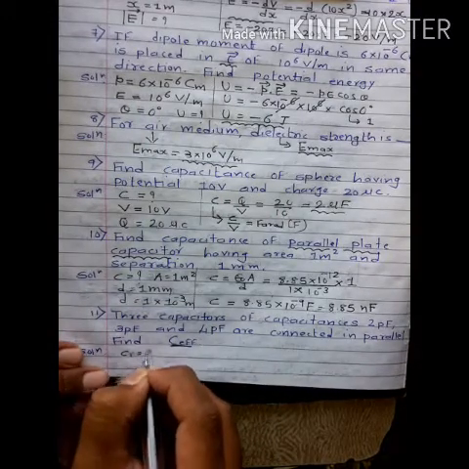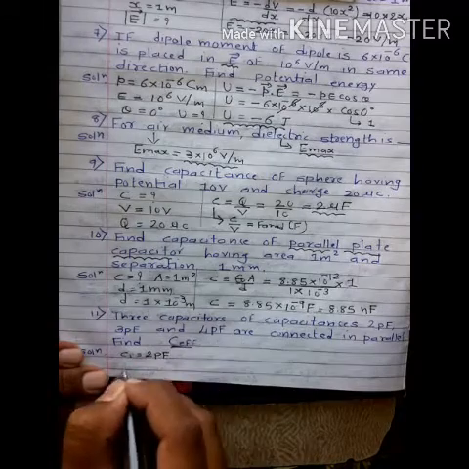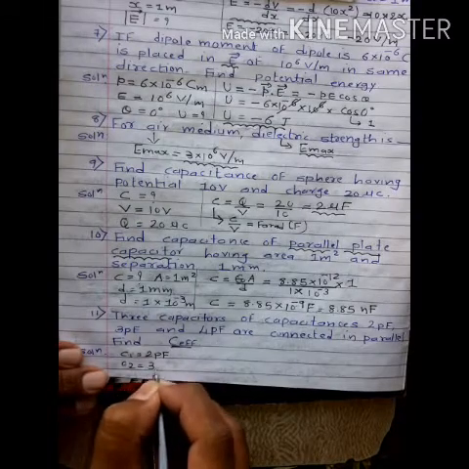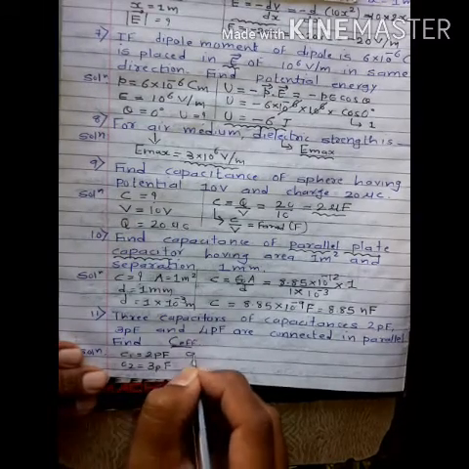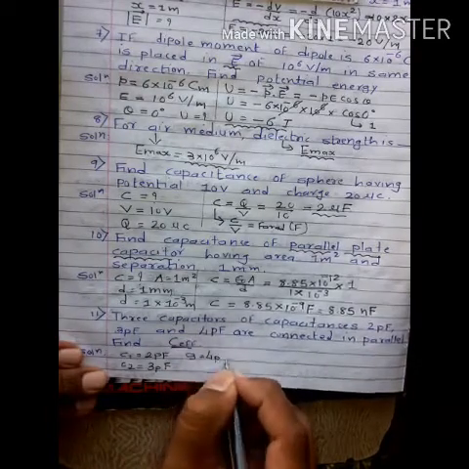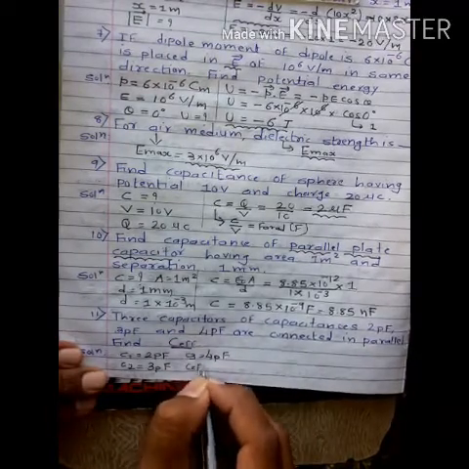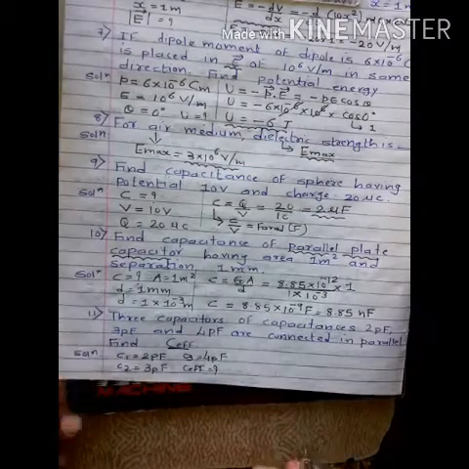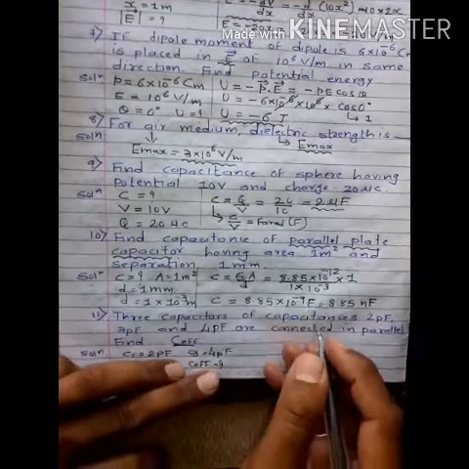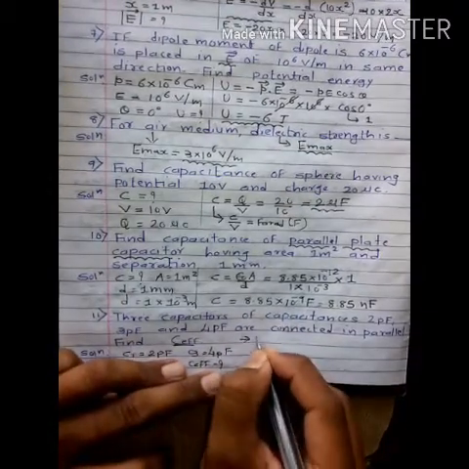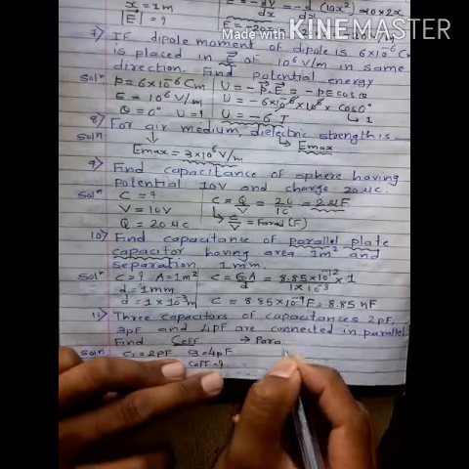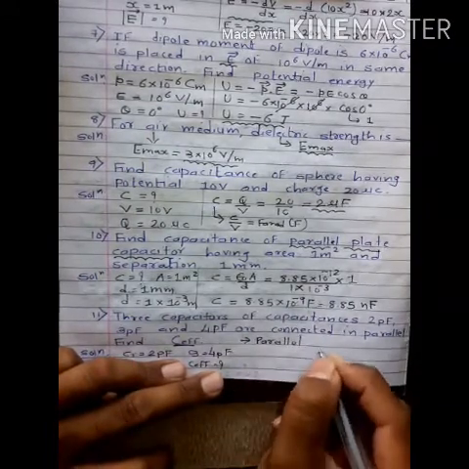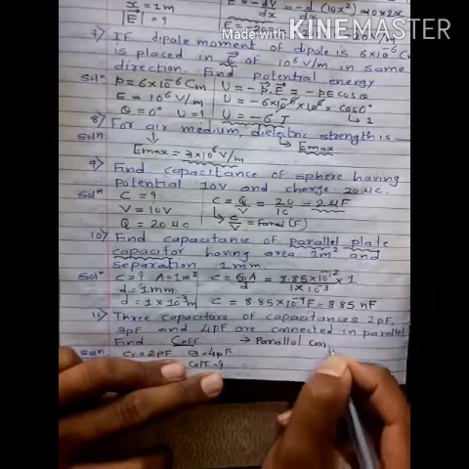C1 is equals to 2 picofarad, C2 is equals to 3 picofarad and C3 is equals to 4 picofarad. We want effective capacitance. So here we have parallel connection of capacitors. Remember this point.